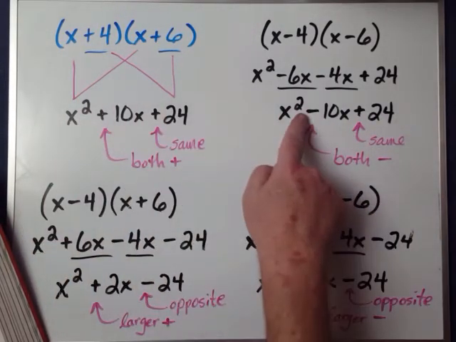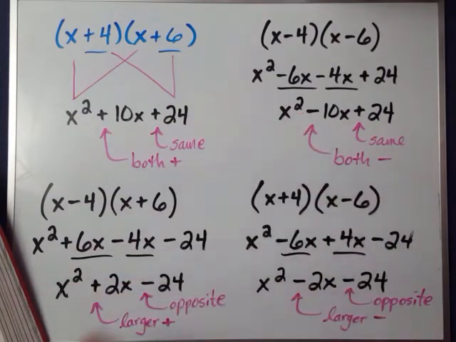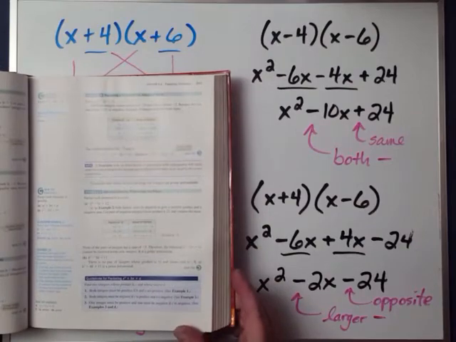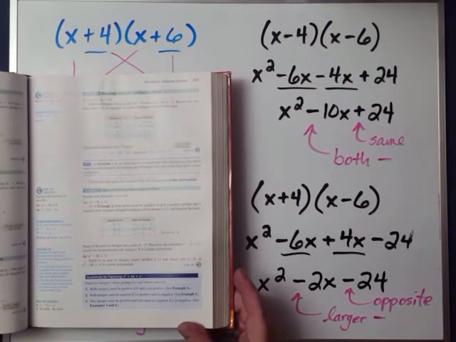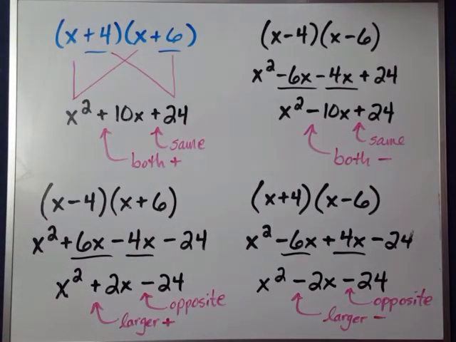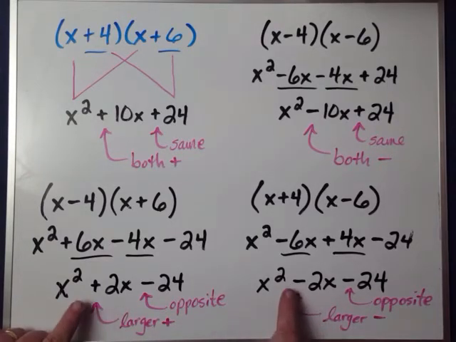Right here, this says they'll both be negative. That's number 1 and number 2 in the blue box. Number 3 in the blue box, it says one integer must be positive and one must be negative if c is negative. That's my negative 24 here at the bottom. And I've already said that leads to opposite signs. And in fact, I went a little further and said the larger of the two numbers I'm looking for will have the sign of that middle term.